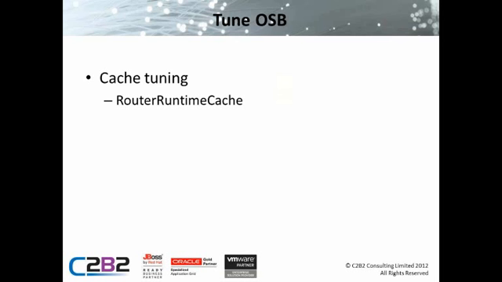I've got two examples to tell you about here. The first is the router runtime cache. Now, if you don't know what this is, it's the cache which caches newly created proxy services.